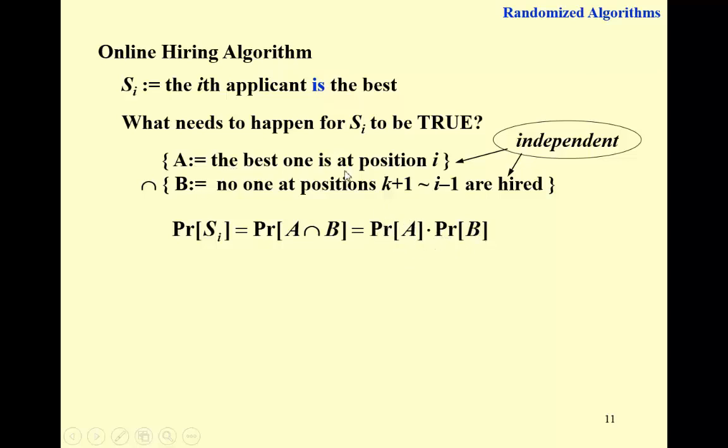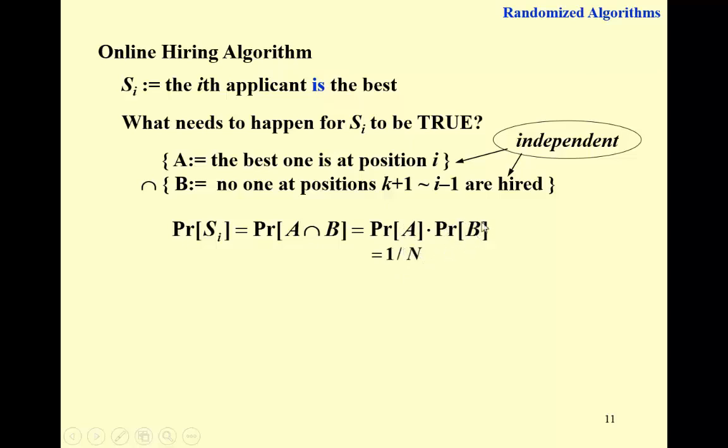That the best one is at some position I. And here we have to again make the assumption that everything happens equally likely, and therefore for every position I, this probability would be what? There are totally n positions, right? So that will be 1 over n.